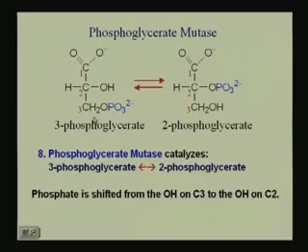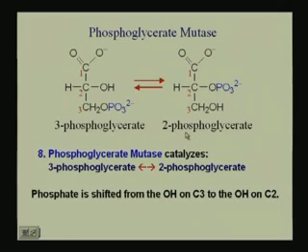The next step is a mutase. If you remember, we considered in our last class all the enzymes that are actually going to take part in the glycolysis steps. The mutase shifts the phosphate from one position to the other. So, the mutase enzyme shifts a moiety from one carbon atom to another. In this case, the 3-phospho is shifted to the second carbon.